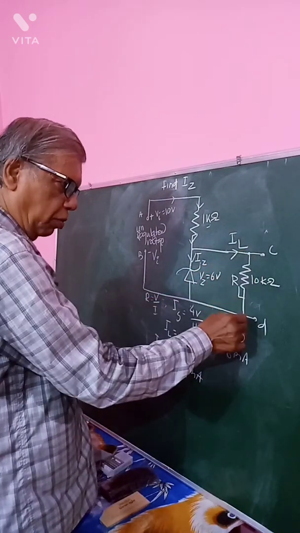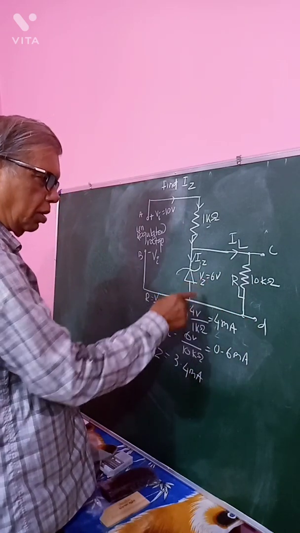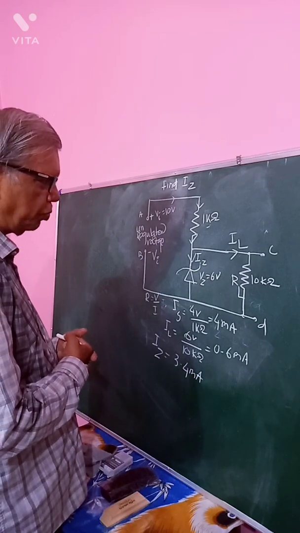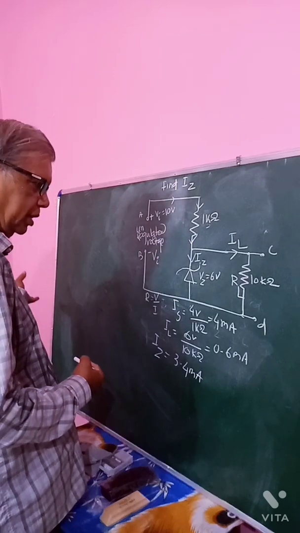One should, while solving this problem, before that, check whether the open circuit voltage across RL is greater than 6 volt or less than 6 volt. That is, open circuit means you mentally take away the Zener diode.